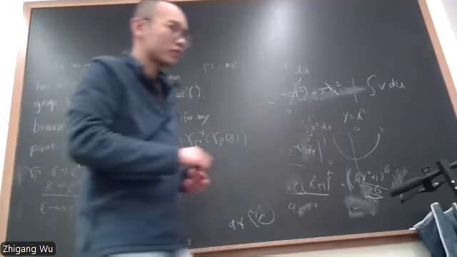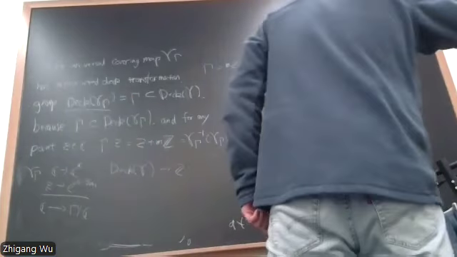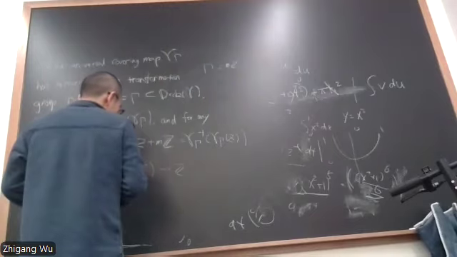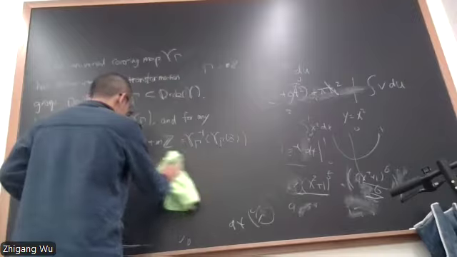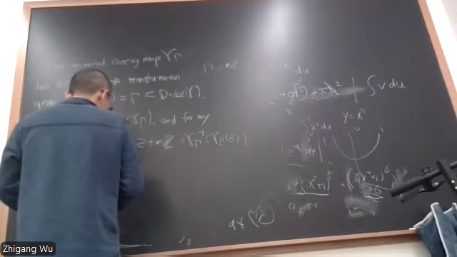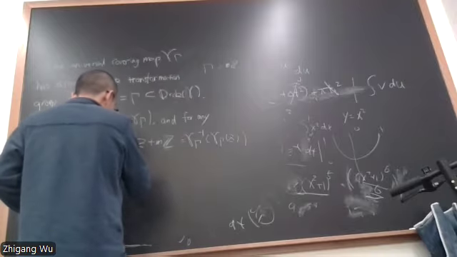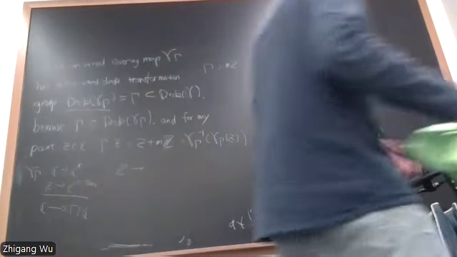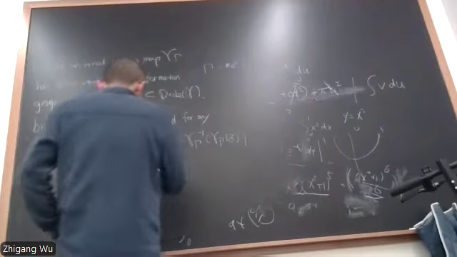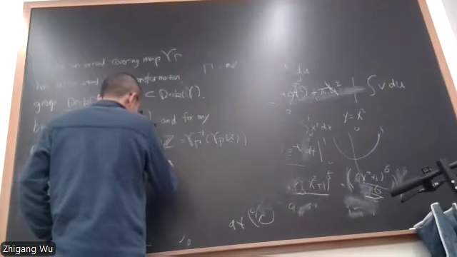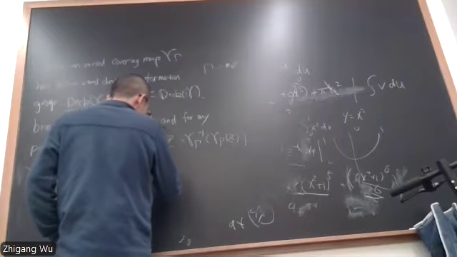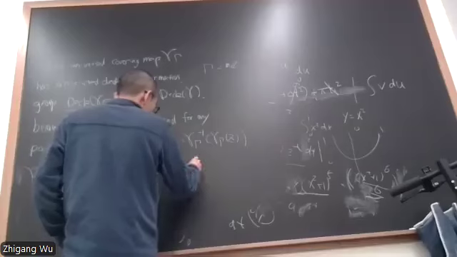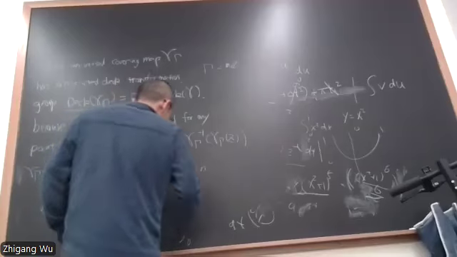Okay, so let's do that. We start with Z, and we map any element n to the map phi_n, where this map is defined as z goes to z plus n.